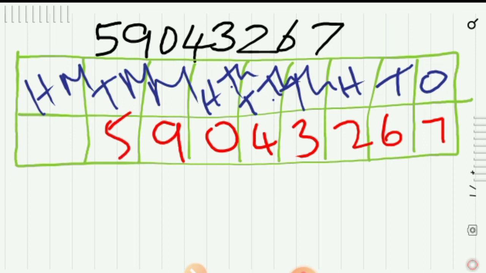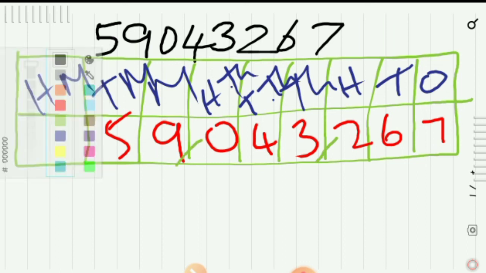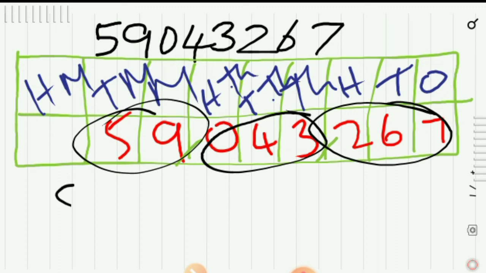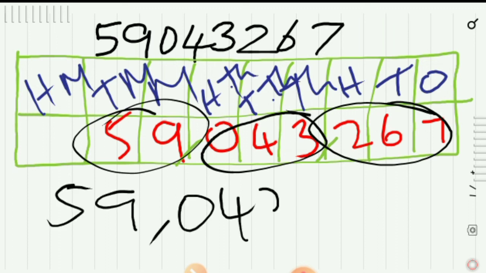Okay, students. In the international number system, commas or periods are put in the order 3, 3, 3. That means here and here. This is one set and this is another set. Write the number: 59,043,267.